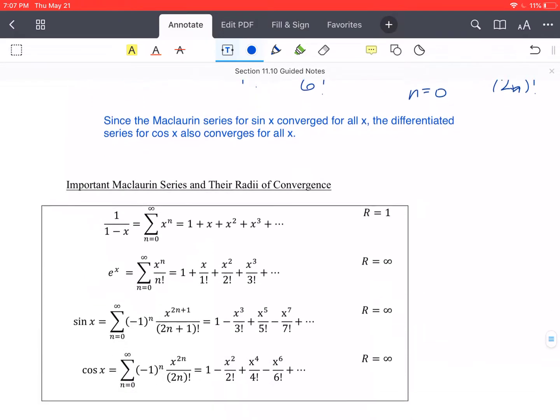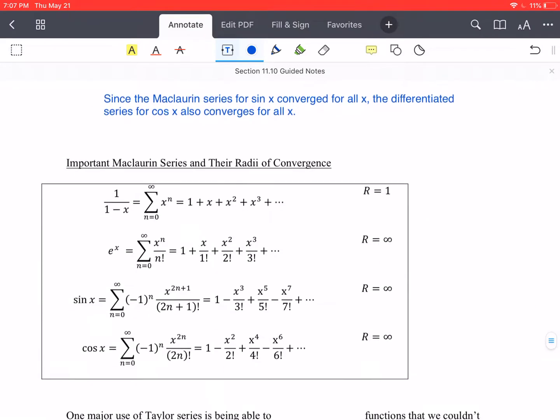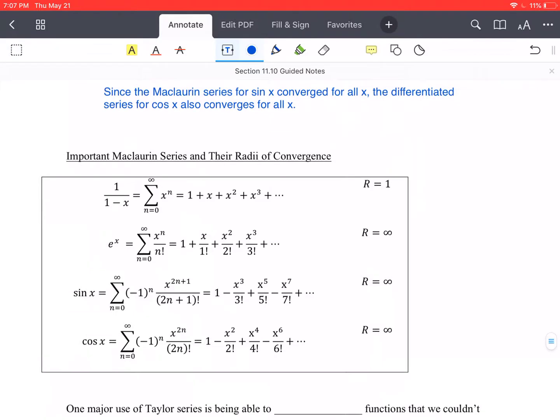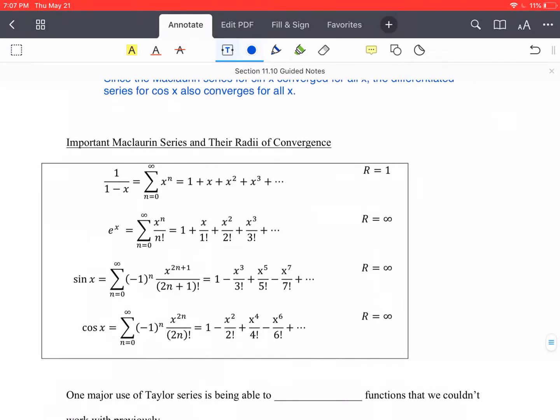So here we have a table. It just gives us a few of the important Maclaurin series which we've been looking at. So we have, right, 1 over 1 minus x. We were using that a lot in the last section to determine power series expansions. And then we are looking a lot at e to the x today and sine and cosine. Those are the ones that we've been talking about in this section particularly.